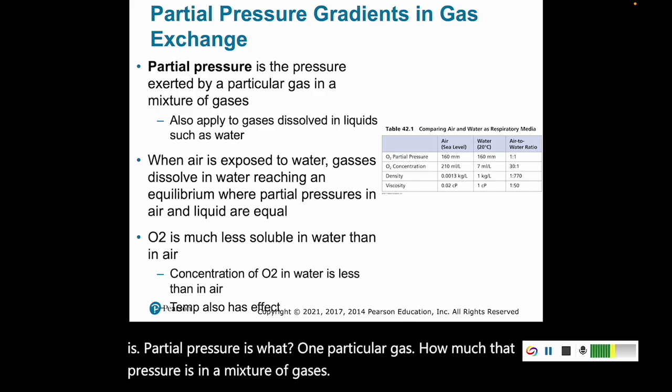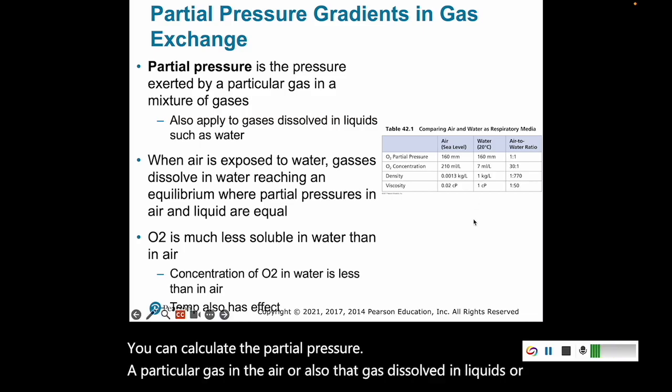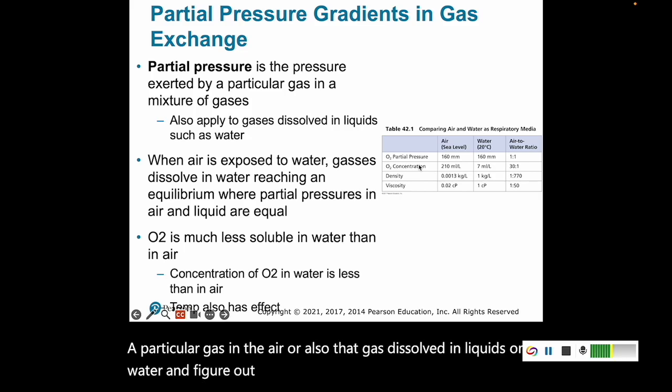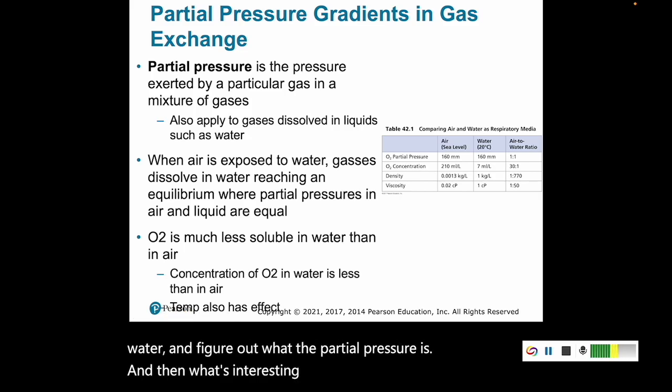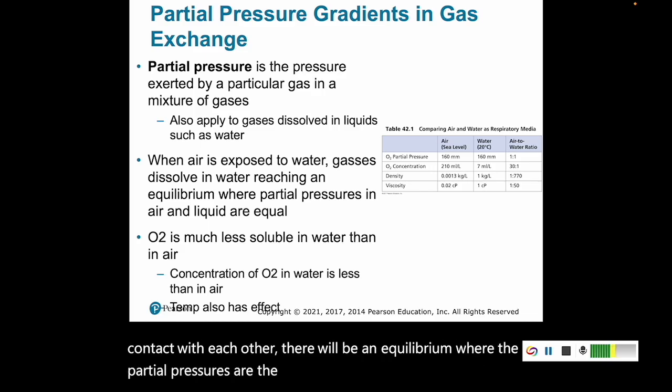You can calculate the partial pressure of a particular gas in the air, or also that gas dissolved in liquids or in water. And what's interesting is that when water and air are in contact with each other, there will be an equilibrium where the partial pressures are the same for the air and the liquid.